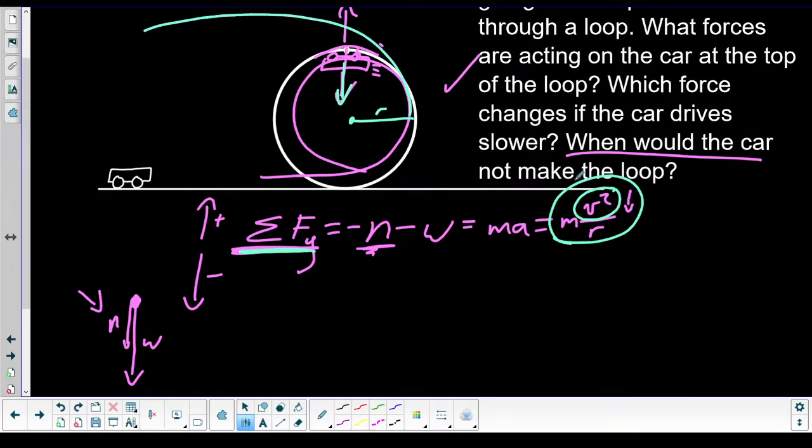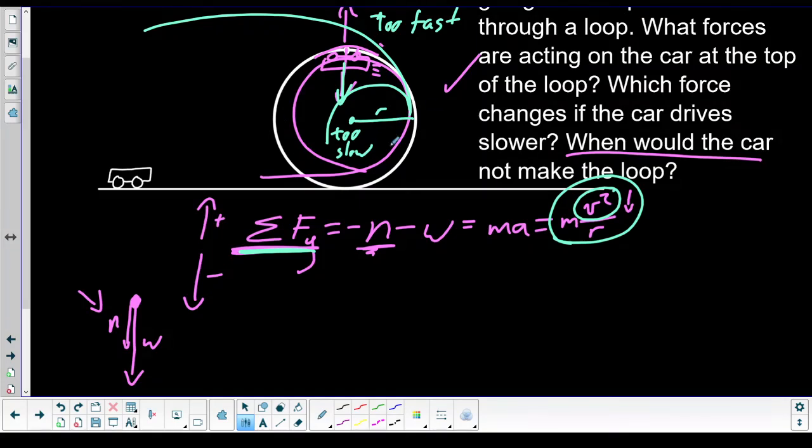If I have too much force towards the center, then my loop does this, and I get pulled towards the center more than I want, and I don't stay in a circle. I'm like a collapsing circle. So this is too fast. This is too slow. And then this is the Goldilocks zone, just right.